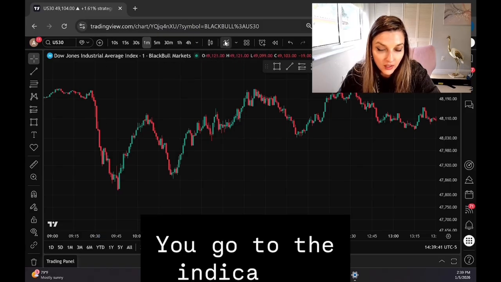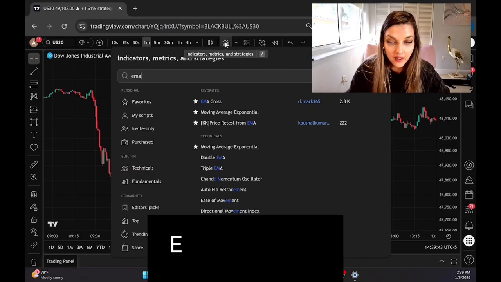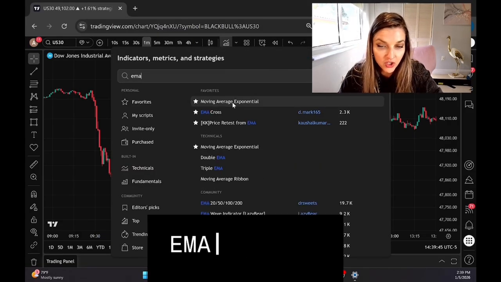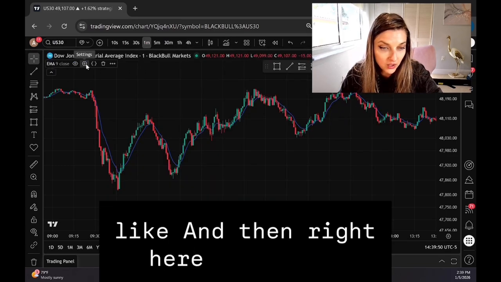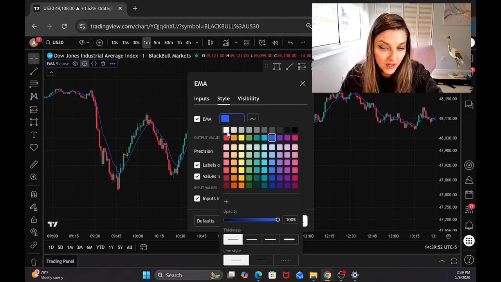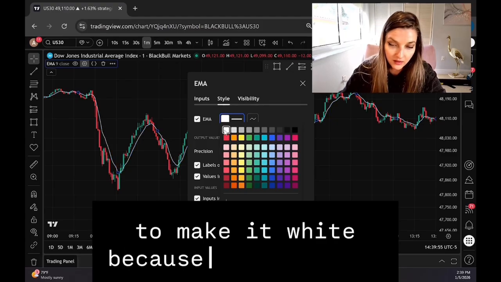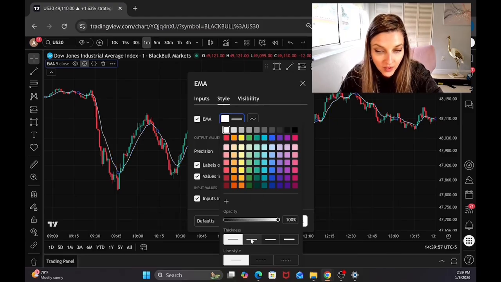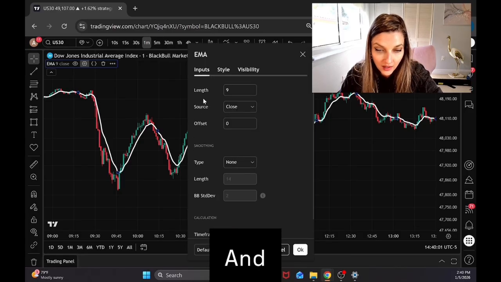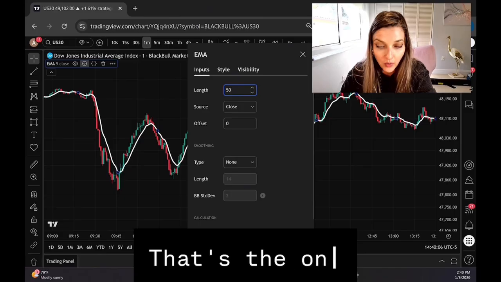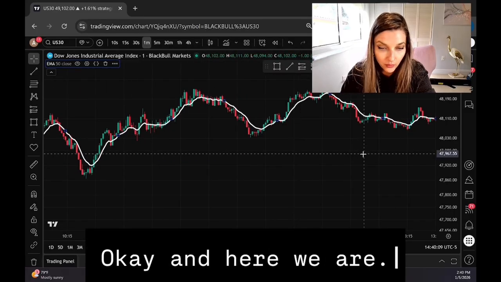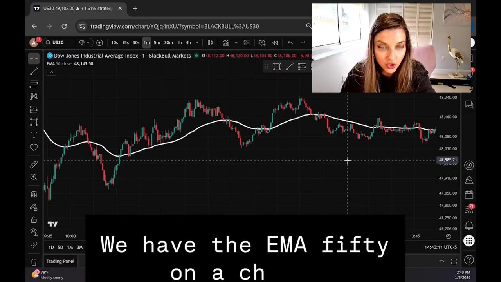You go to indicators, EMA, moving average exponential, click on it, and then right here you go to settings. I like to make it white because my screen is black, a little thicker, and at the length we put 50. That's the one I use. Okay, and here we are. We have the EMA 50 on a chart.